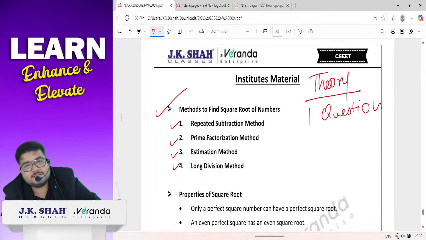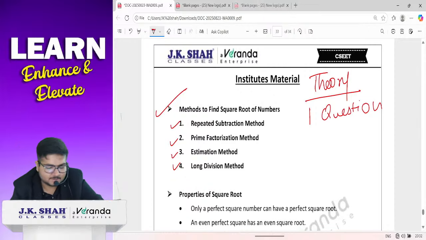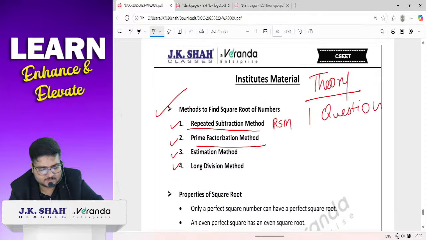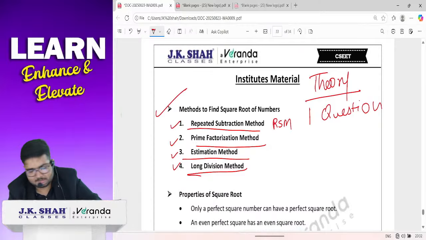You don't have to remember the methods, you just have to remember the names. The names are repeated subtraction method, short form RSM, prime factorization method, estimation method, and long division method.